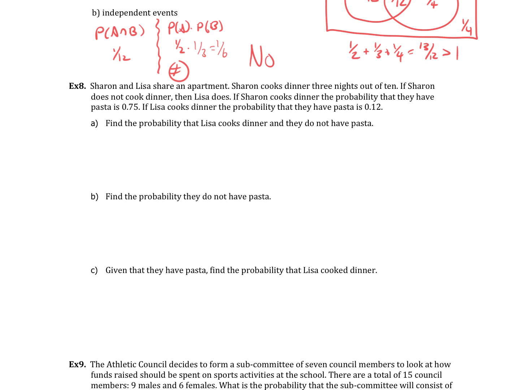If Lisa cooks dinner, the probability is this. So first is who's cooking dinner, Sharon or Lisa, and then it's pasta, yes or no. Sharon cooks dinner 3 nights out of 10, so this is 0.3, 0.7. If Sharon cooks, it's 0.75 here. And Lisa cooks dinner, it's 0.12, 0.88.